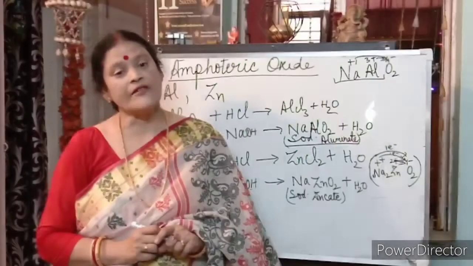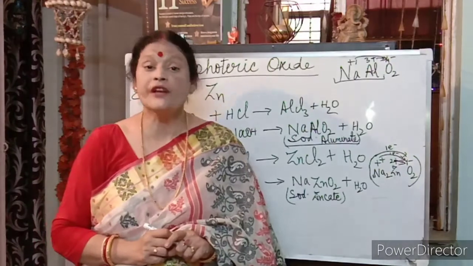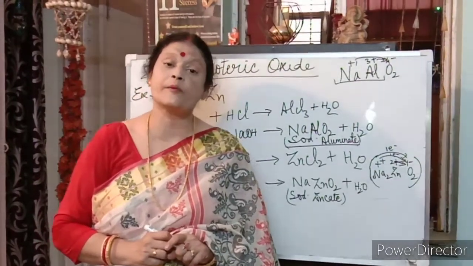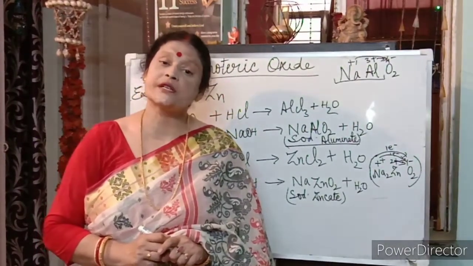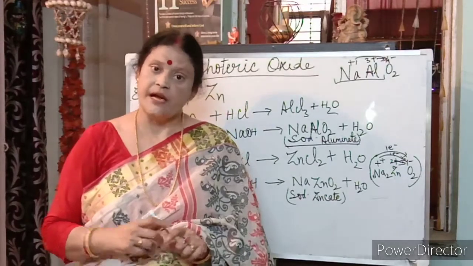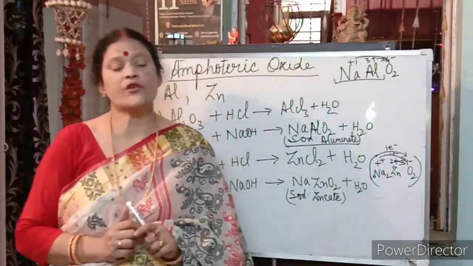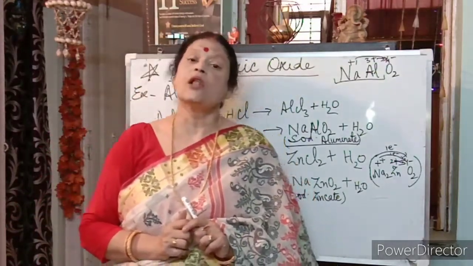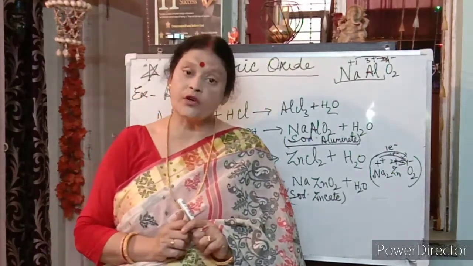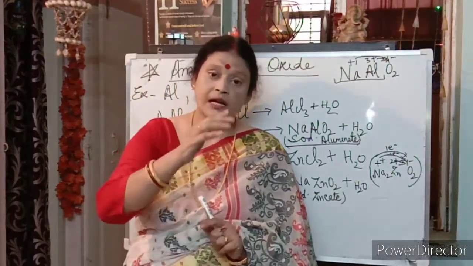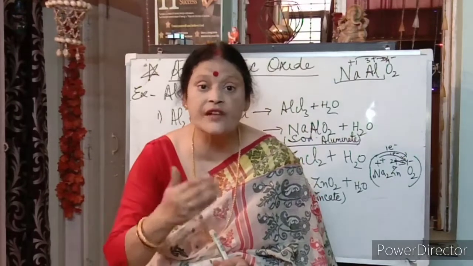Now next, after reaction with water, a very important topic in metals and non-metals: what are amphoteric oxides? Amphi means both. Amphoteric oxides are metal oxides that react with acid as well as base.